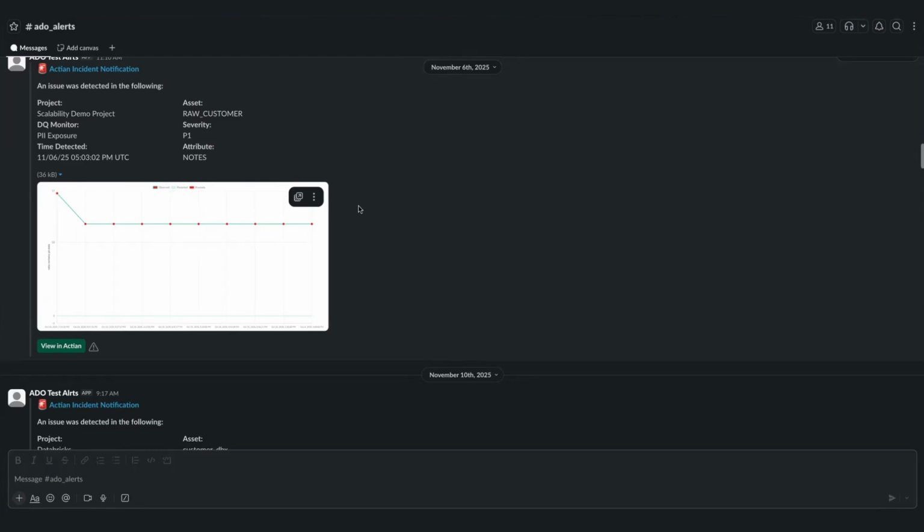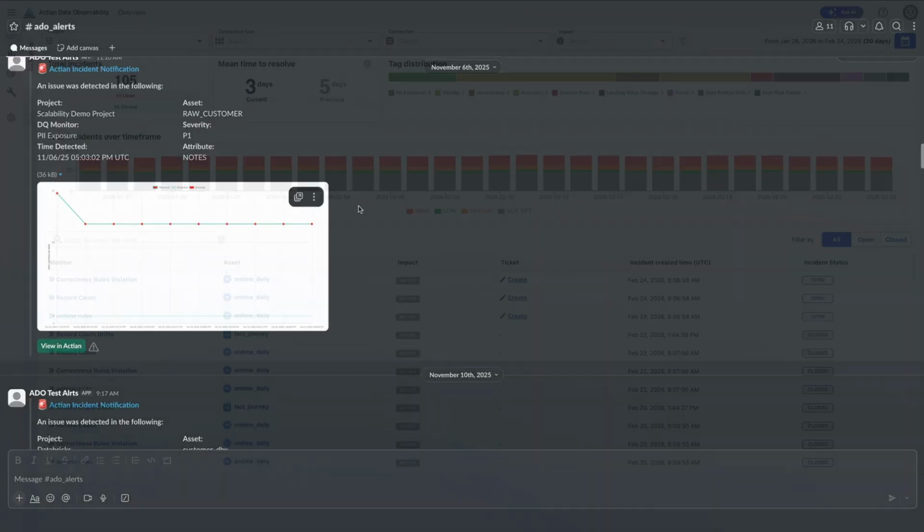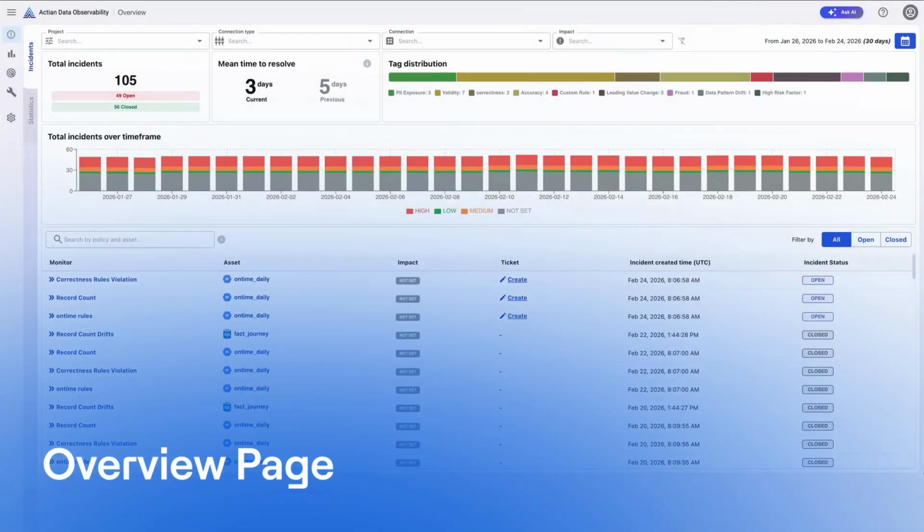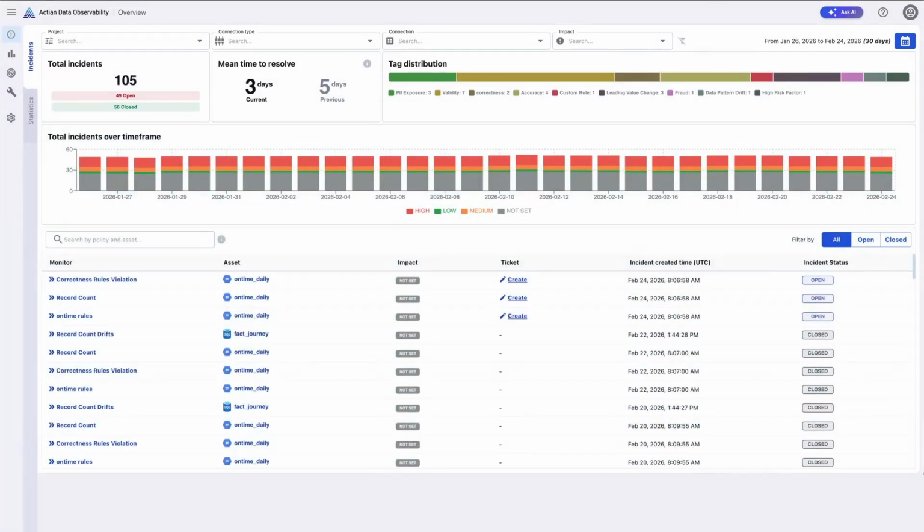Now, once an alert fires, the next step is understanding whether this is an isolated issue or something affecting overall platform health. The overview page gives engineers an objective snapshot of the platform health. So instead of relying upon anecdotes or random Slack threads, you see the current total number of incidents across your entire observed and monitored data estate.